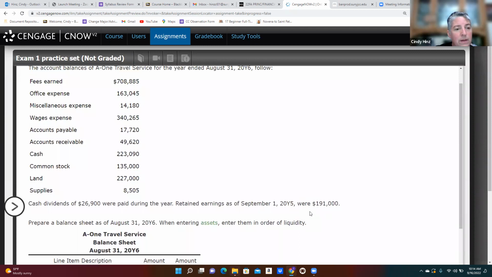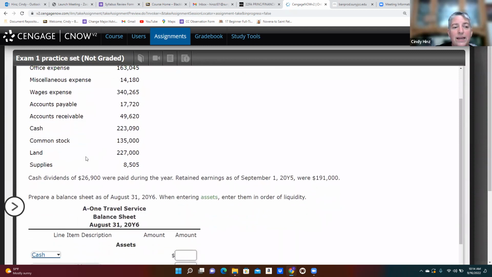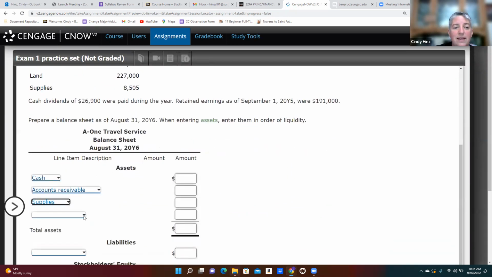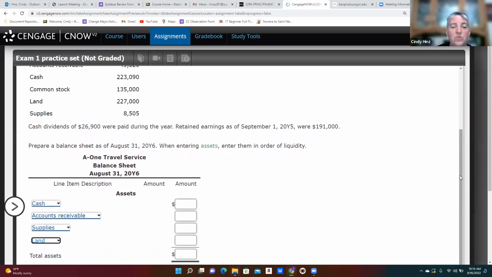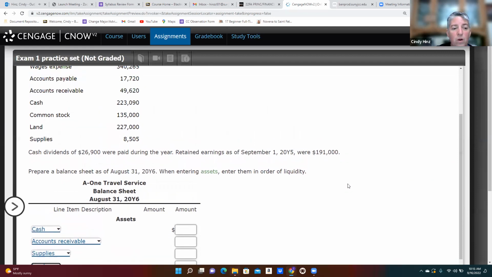Did I miss another one? Oh, land. Yeah, then there's land. Land is also an asset. Of course, land would be the longest term asset that we have. Cash, accounts receivable, and supplies, using what we know from chapter 4, those are all current assets.